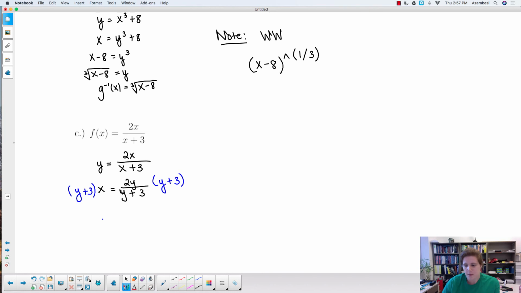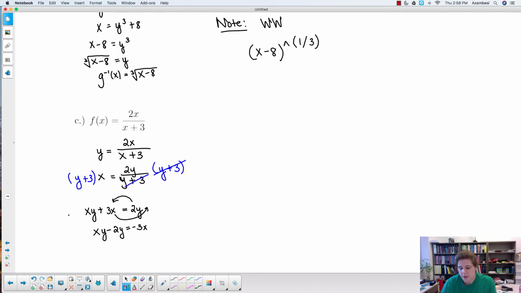So multiplying by y plus 3 cancels it on the right hand side. On the left hand side I'm going to distribute, so xy plus 3x, and I have 2y on the right. Now I can't solve for something when it's on both sides of the equation. So I'm going to take my 2y and move it over to the other side, and I'm left with xy minus 2y equal to negative 3x.